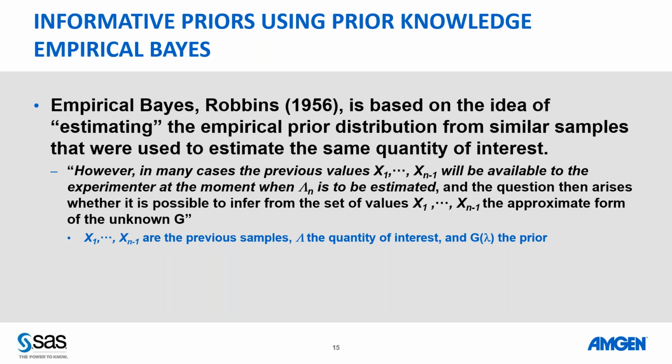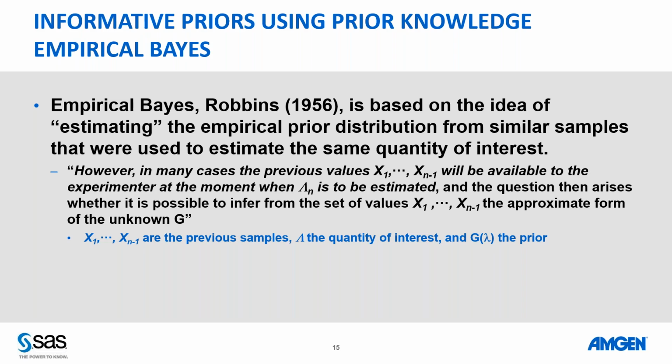And the empirical Bayes goes back to this paper by Robbins in 1956. And the question that he was asking is, well, if I'm trying to do this patient, but I have previous samples, x1 through xn minus 1, and a quantity of interest can be the lambda of a Poisson distribution that you want to estimate. And G lambda is a prior on that lambda parameter.